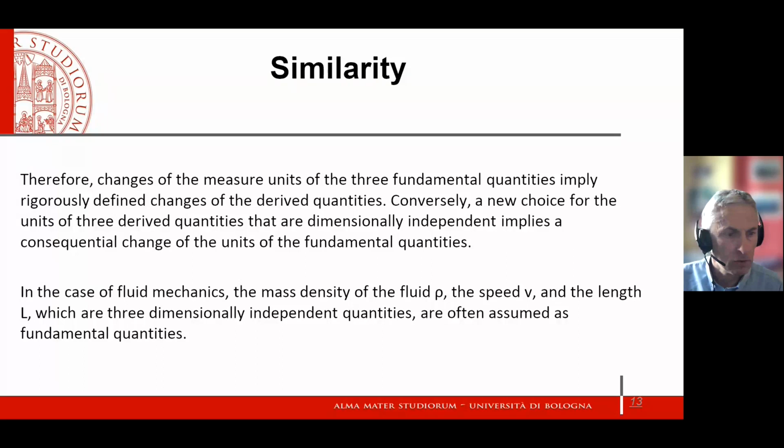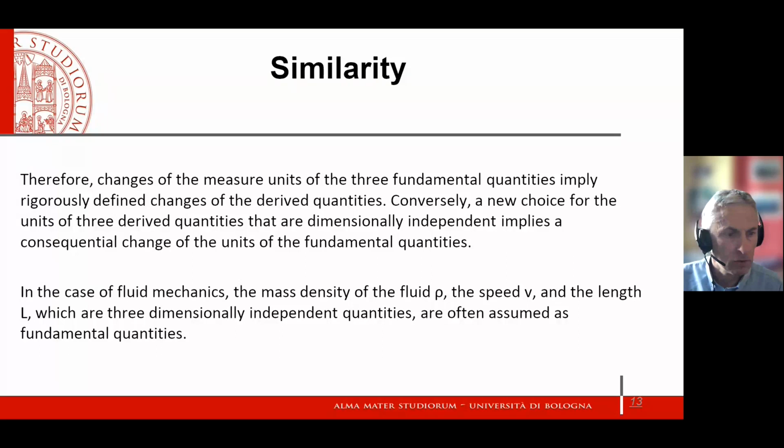If you are missing a fundamental quantity, this means that there are some derived quantities whose units you cannot express in terms of the units of the fundamental quantities that you have identified. This means that you need additional fundamental quantities, okay?